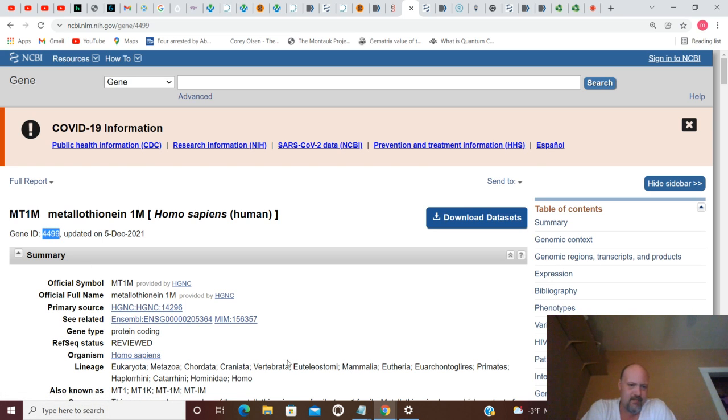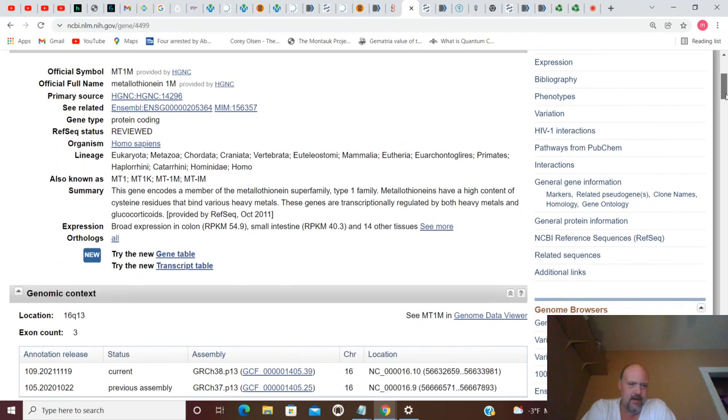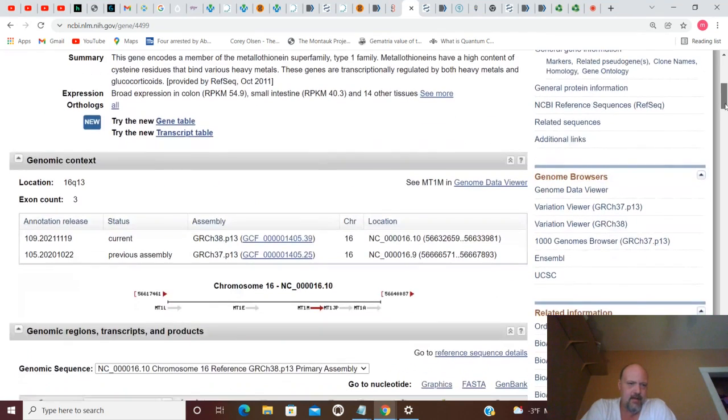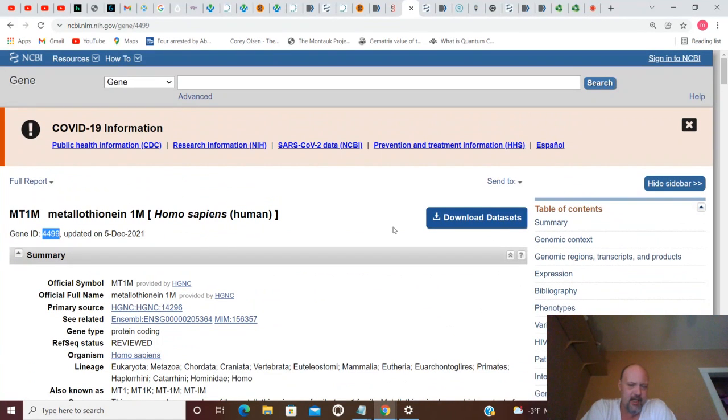So 1M gene. I'm not sure what it does. I don't see that. But it's definitely a gene. Gene type protein coding. It's a protein coding gene. All right. Imagine that. I should have known.